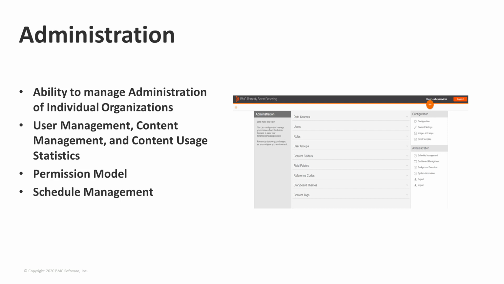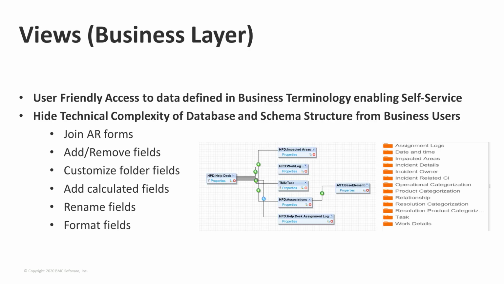So basically this is a place where you manage the administration of your respective onboarded client organizations, and you can also manage your user roles and the content usage and monitor the sessions of the users. And there is a schedule management tool available where you can see the list of broadcast reports which are scheduled to run on specific intervals. Let's take a look at the views.